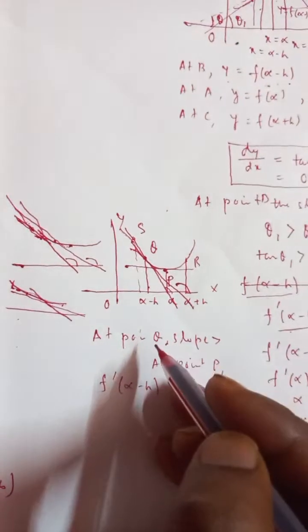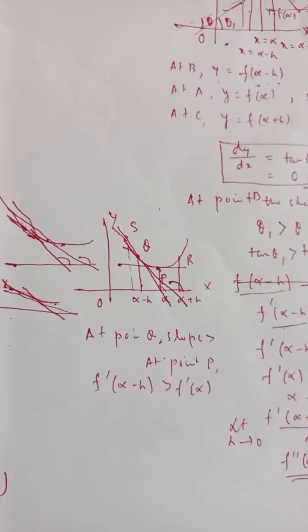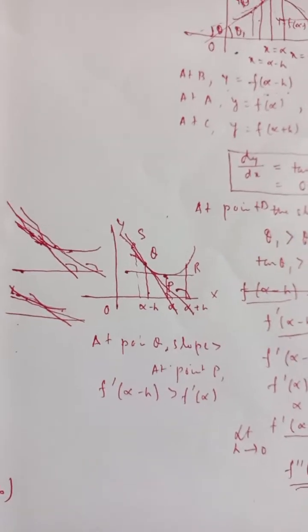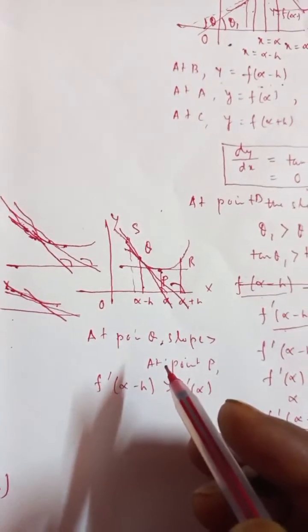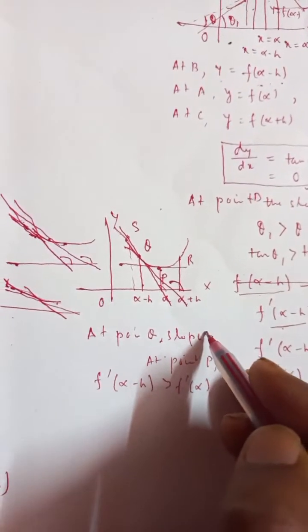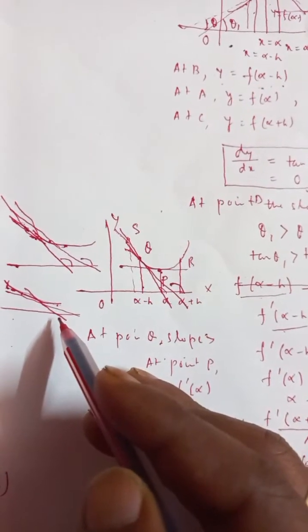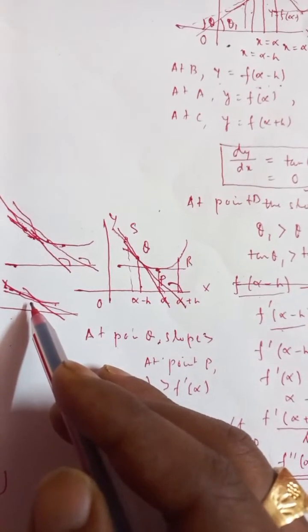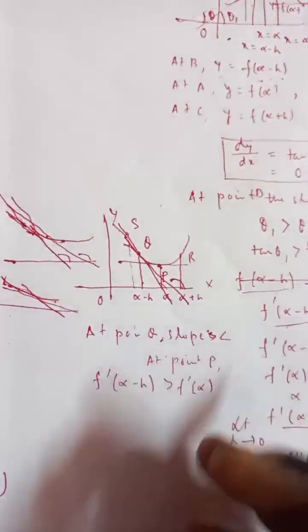So at the point Q, the slope is less than at the far points. This will be less than at the point P.